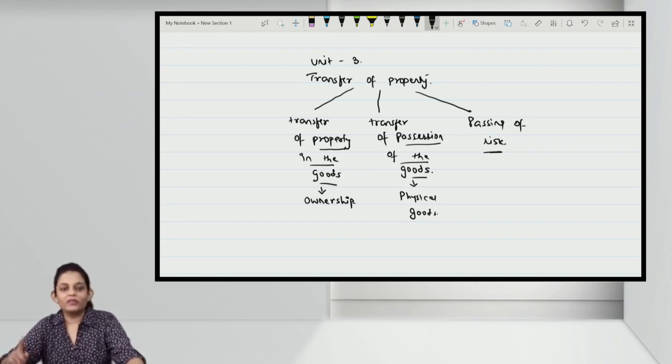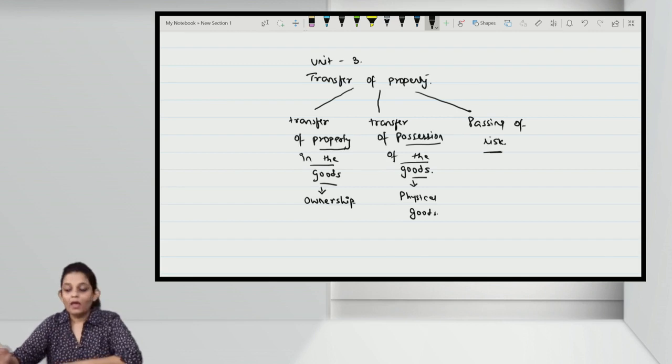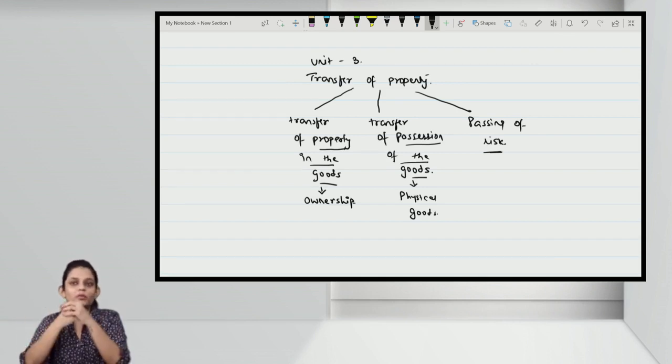Now listen carefully. S sold his goods to B, and the goods are still with S. B is requesting S, please deliver the goods to me. S says, yeah, wait, I will deliver.